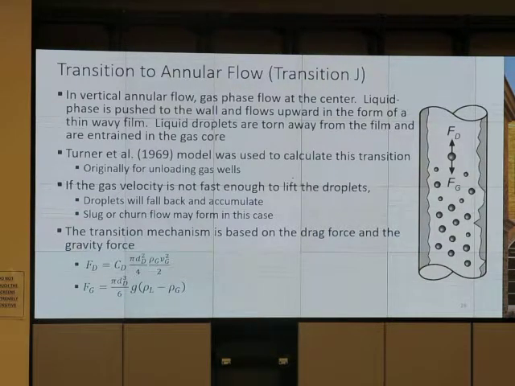Now let's move to transition J. Any question for transition H? Can you do it for an 85 degree inclined pipe for transition H? If you have to rederive it, it's possible, but you have to try first. Let's just take the model as vertical.